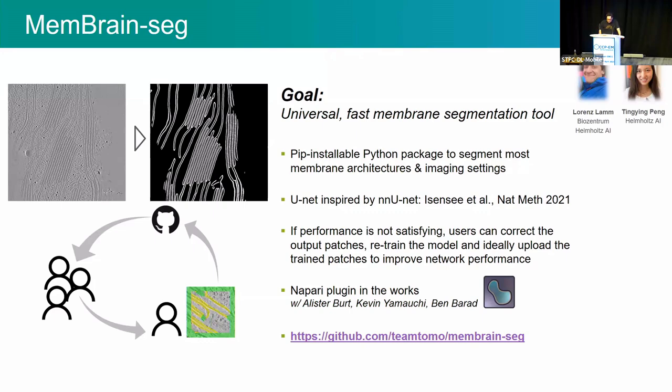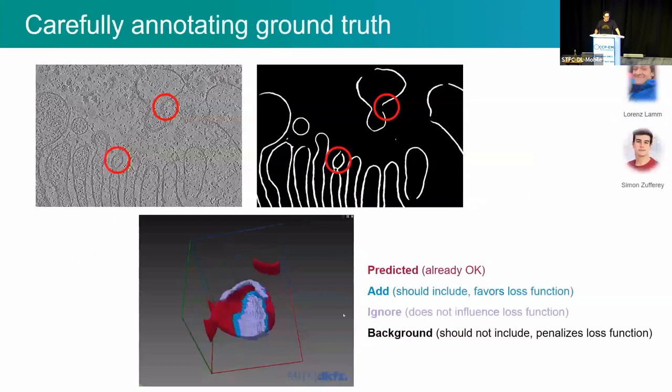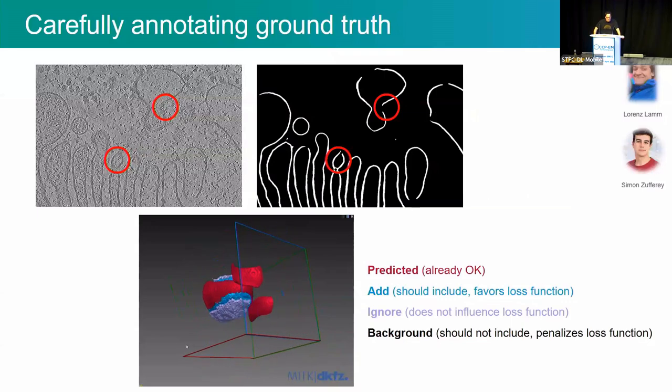And one thing that we are being very careful about is annotating the ground truth. Of course, nowadays we have these extremely powerful deep learning tools that are very impressive, but we often overlook the human side of training these models. The performance will only be as good as the data that you train the network with.